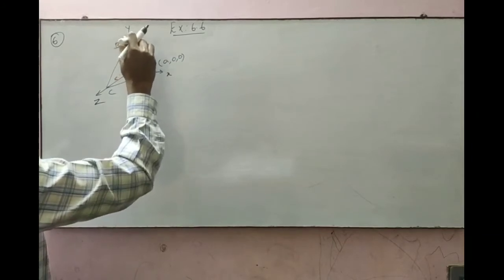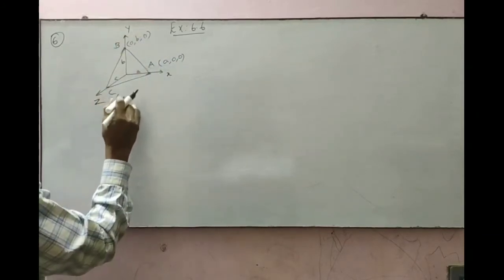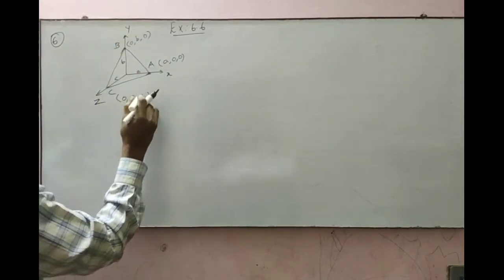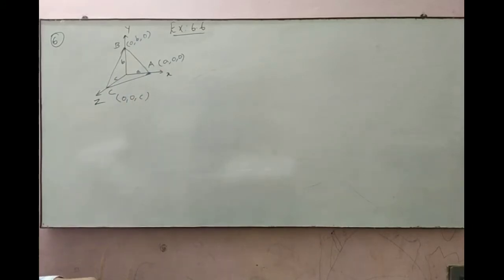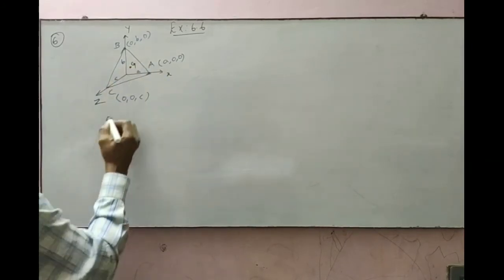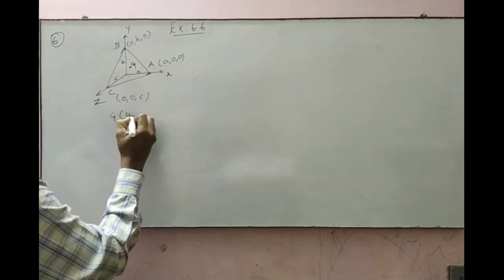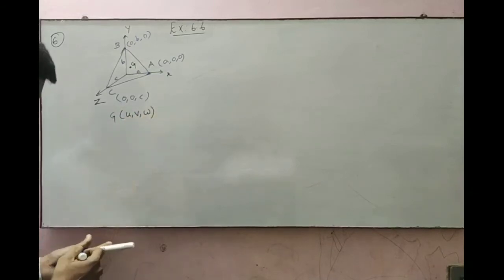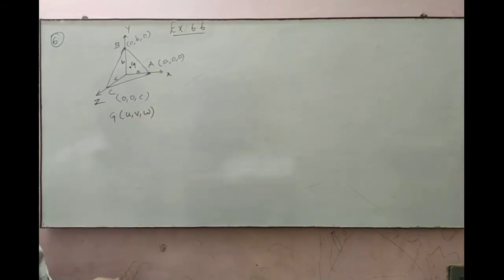Here 0, b, 0. Here 0, 0, c. So these are the 3 points cut by the coordinate axis. Now G is given as the centroid. G is u, v, w, the coordinates of G are u, v, w.